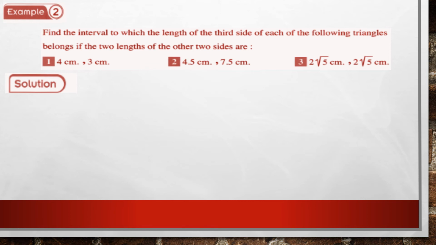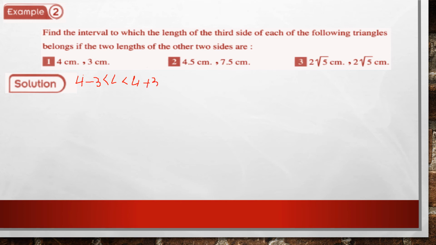We will suppose that the third side is L. So L will be greater than the difference between the two sides, 4 minus 3, and smaller than the sum of the two sides, which is 4 plus 3.